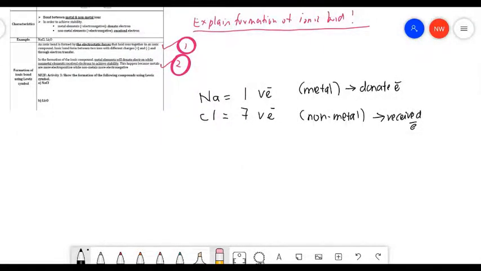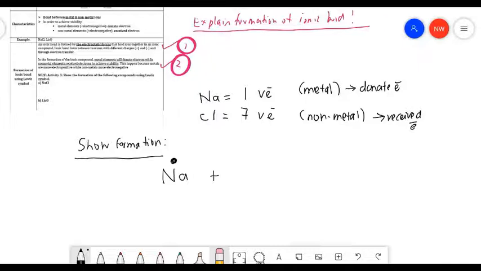Jadi, kita kena lukis dahulu untuk sodium. Ada 1 saja valence elektron, so letak 1 saja valence elektron kat situ. Tambah dengan, ini soalan untuk show formation. Show formation. So, bila you nak tunjuk show formation ionic bond, you kena tunjuk adanya transfer of electron daripada metal, and then you kena tunjuk yang non-metal to accept that electron daripada metal.